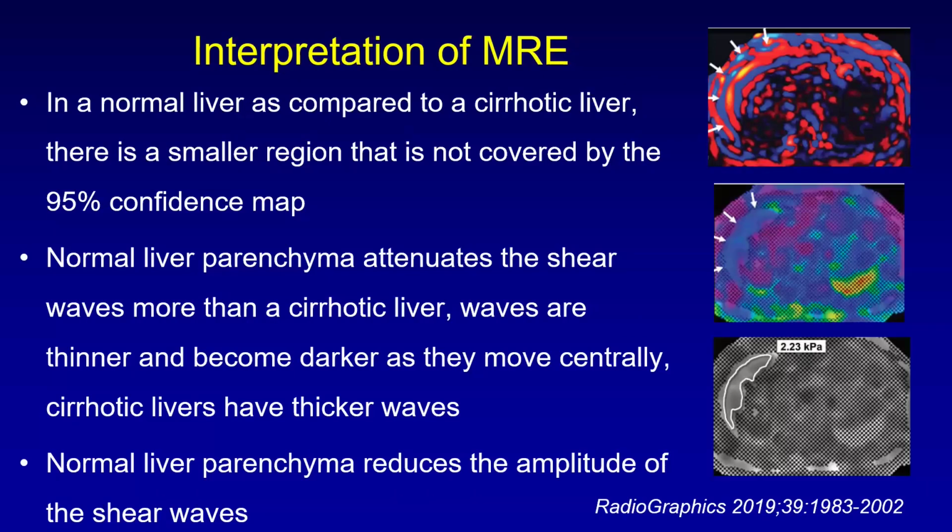Here again is just to show you a variation. If it's a normal liver, the parenchyma of the normal liver attenuates the shear waves more than a cirrhotic liver. So the waves are thinner and become darker as they move centrally. The cirrhotic livers, on the other hand, have thicker waves. Here, as you can see, the checkered box is covering most of the liver parenchyma, so you just have a small region that is not covered by the 95% confidence map.